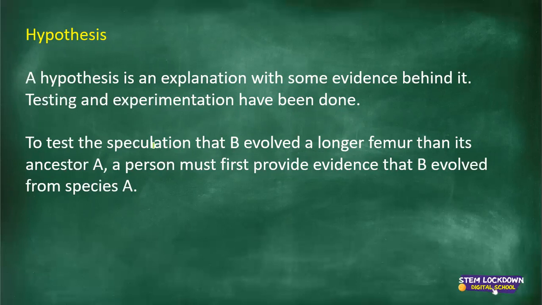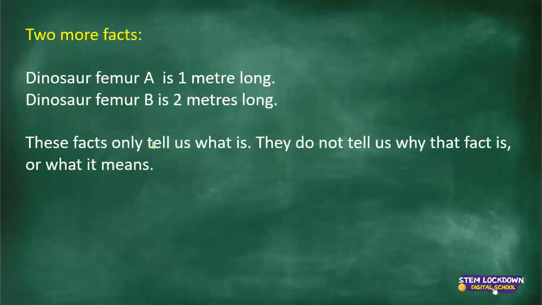To test the speculation that B evolved a longer femur than its ancestor A, a person must first provide evidence that B evolved from A. So you see, you need to provide evidence. Remember these femurs, the dinosaur femur A, dinosaur femur B. Dinosaur femur A here is 1 meter long, dinosaur femur B is 2 meters long.